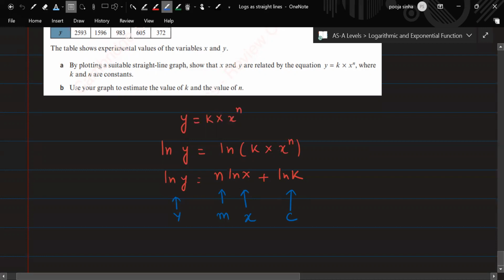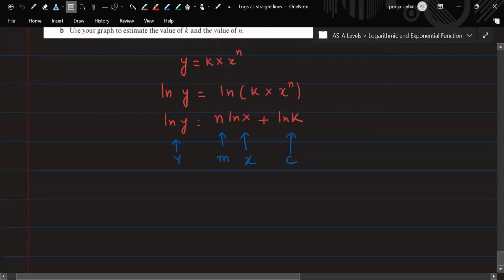Now what is it asking us to do? By plotting a suitable straight line, we have to plot this. So when we are making a straight line, can you tell me first, what's the gradient? N. And what's the y-intercept? ln k.